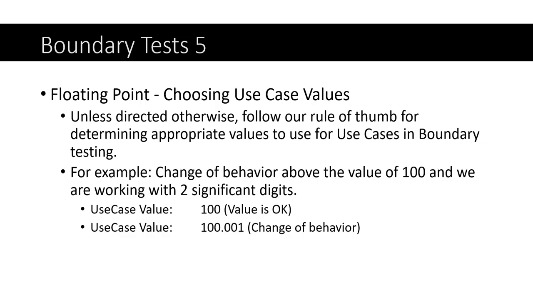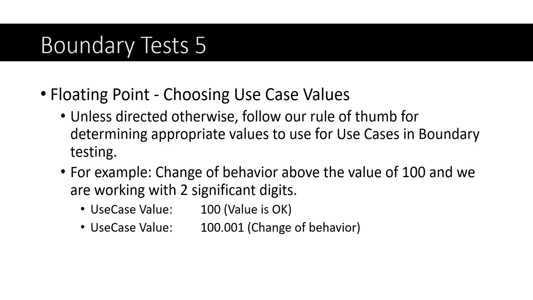Well, if 100 is a valid value, then we would use 100. So how much above it would we go? Well, if we're going to two significant digits, that would be 0.01. Then we'll just add one more zero. We'll go to 1/10 of that. So by default, our next use case would be 100.001, right?